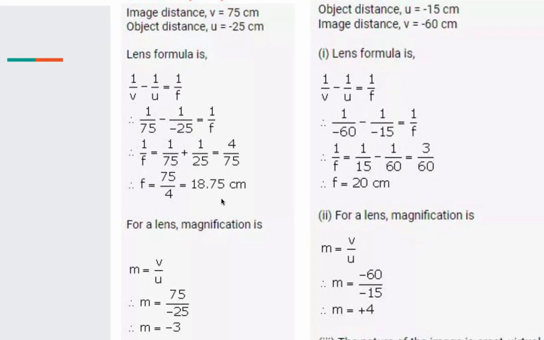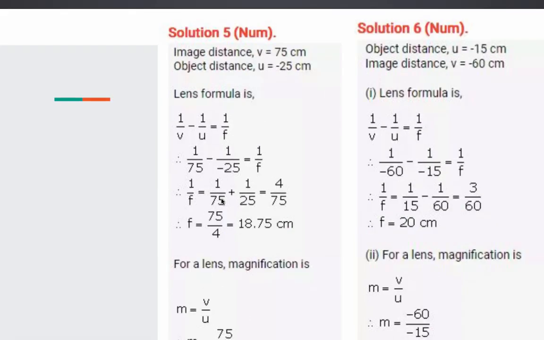Pay attention, students. The 5th question says, an illuminated object. You all understand illuminated object, that emits light, right? An illuminated object lies at a distance 1 meter from a screen. Pay attention.